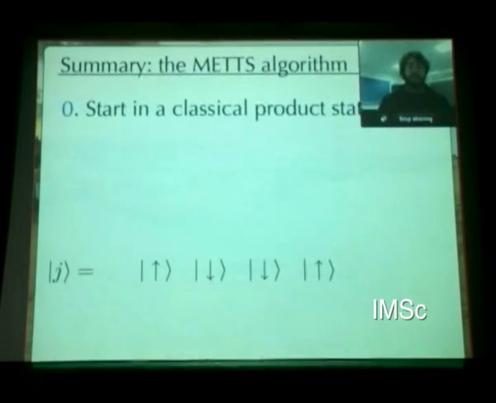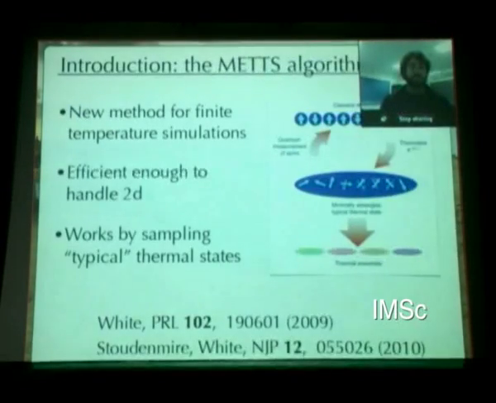Okay, there is a question. Shanai has a question for the previous slide. So when you say there's a step which says thermalize e to the minus beta h by 2, that means that I just take the classical state and operate this e to the minus beta h by 2 on the classical state once, or do I do it many times?